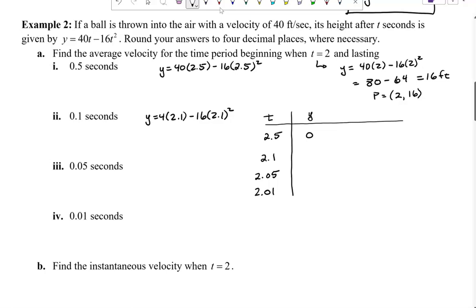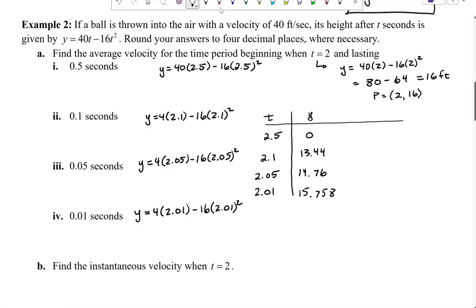In this case, I got 13.44, and continue in the same way down here. Next, we want to find the average velocity at each of these points in time.